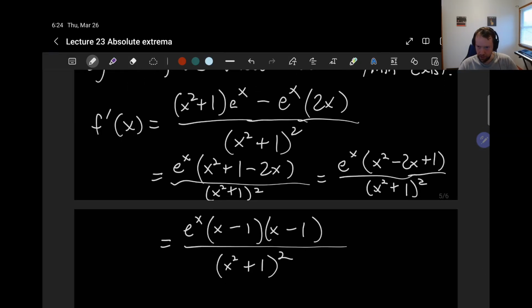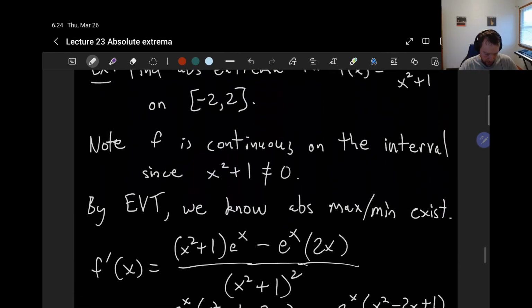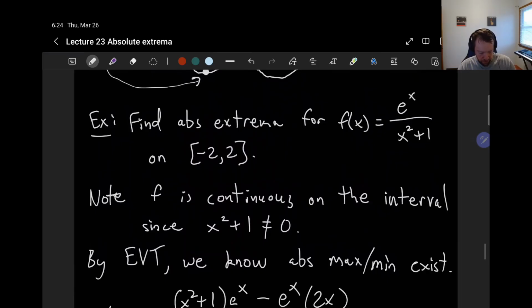So that's convenient, just factoring that. Now, let's think about critical points, or critical numbers. Are there endpoints? And the answer is yes, because I've said we're on this interval from -2 to 2. So -2 and 2 are critical numbers. We have to check them because they could be local maximums and minimums, and hence could be absolute.